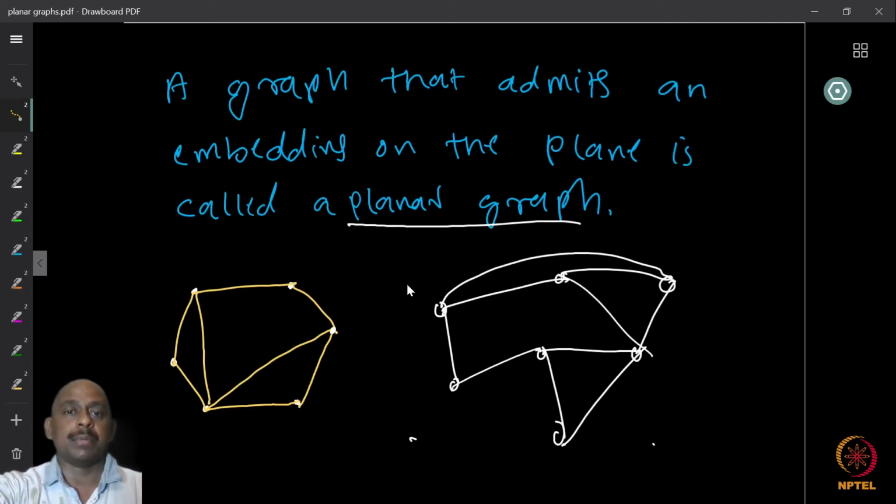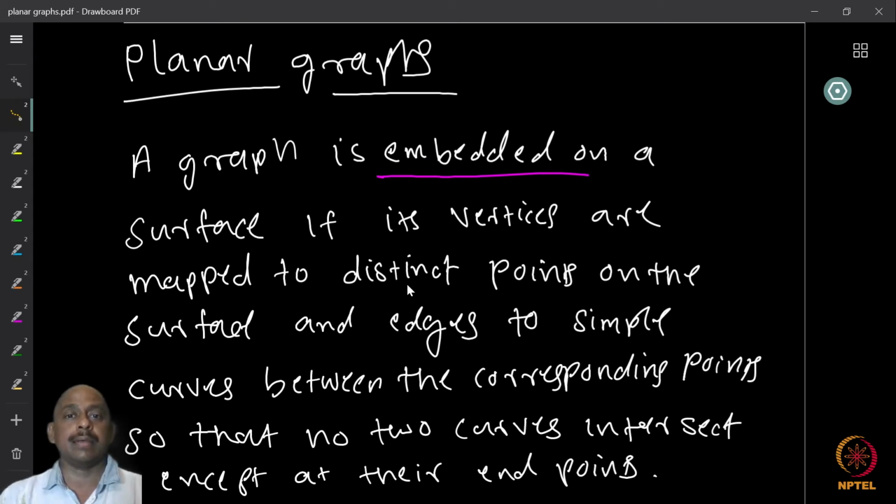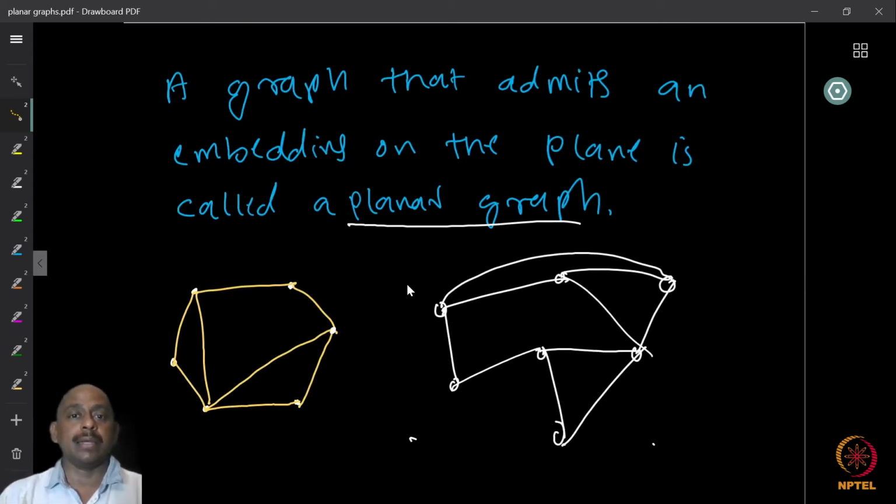What we are saying is that a graph is planar if it admits an embedding on the plane. So the definition of the planar graph does not say that your given embedding needs to be a planar embedding for the graph to be planar, only that it has at least one embedding where it is planar.